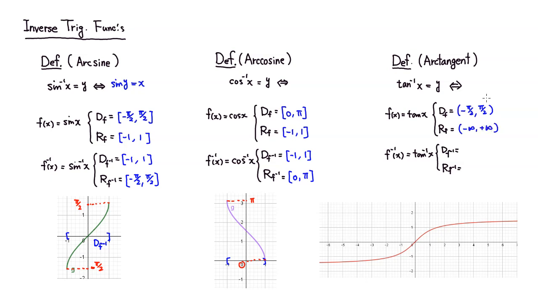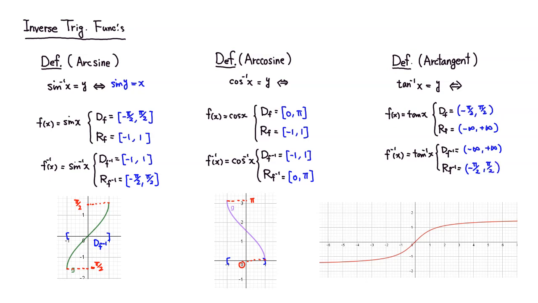Then for the inverse tangent, or arctangent, it's going to be a flipped version. So the domain of the arctangent is from negative infinity to positive infinity, so you can see that the function is defined for all real numbers. And the range is between negative pi over 2 and positive pi over 2.